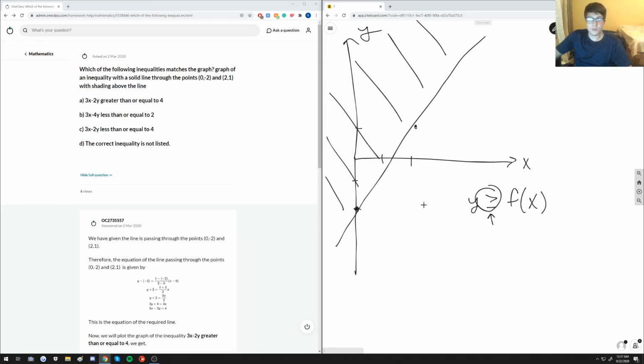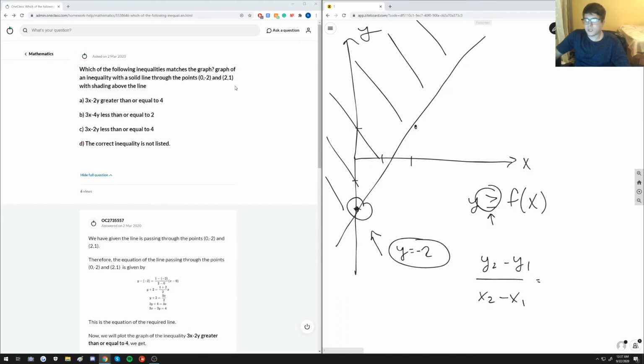To do that, we need two pieces of information. We need the intercept, and we need the slope. We know the intercept because it's the value at which x equals 0. So this point right here is our intercept, and we know that it is at y equals -2. And we need the slope, which is calculated by finding the rise over the run of our 2 points: y2 minus y1 over x2 minus x1.